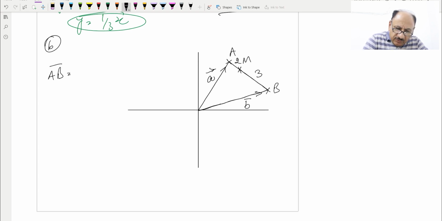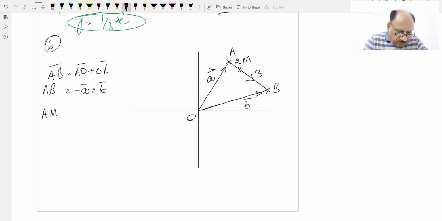AB vector will be equal to, this is the direction which is required, so AO, we can take this as O origin. So AO plus OB. So AO is minus A and plus B. This will be AB, and then after finding AB, we can find AM.